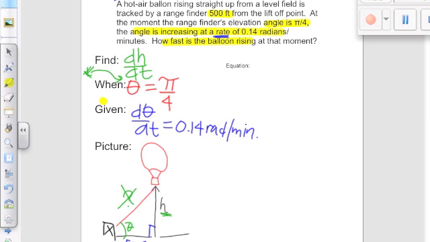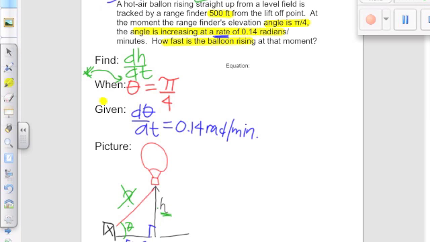So I'm going to write that right here. SOHCAHTOA, right, to answer this. So if I take this theta right here, what equation uses the opposite and the adjacent one? So if I look here, I see that it's tangent.